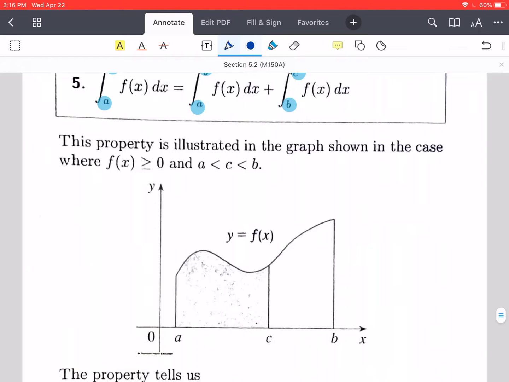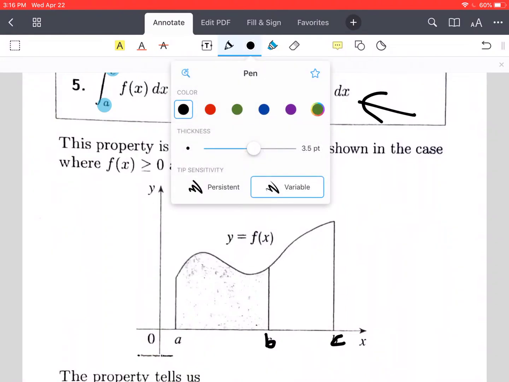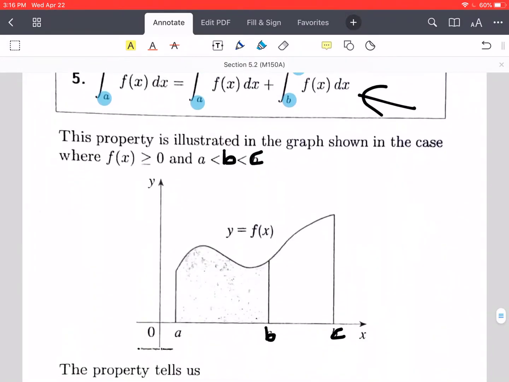So based on that formula, this would be b, and then this one would be c. Let me fix that. So this would be b, and that one would be c. If we're being consistent with this formula. Okay, typically we rewrite it the other way, where a and b are the bounds, but that's how they wrote it in that theorem, so we'll just keep it like that.